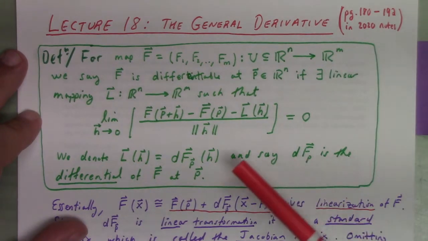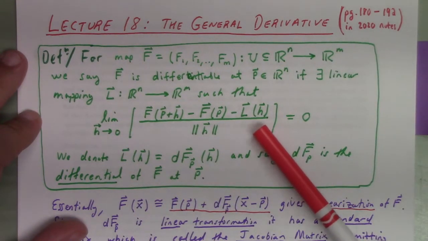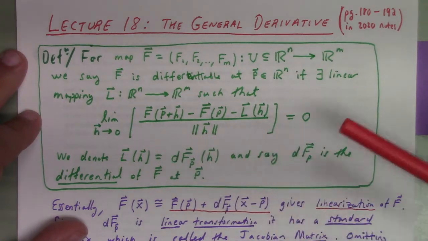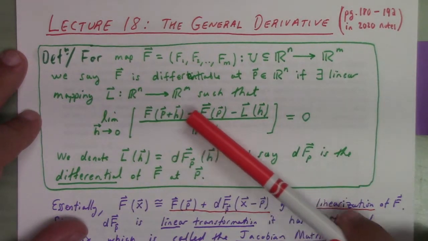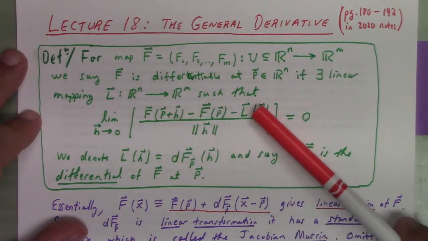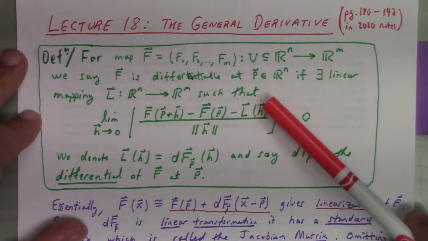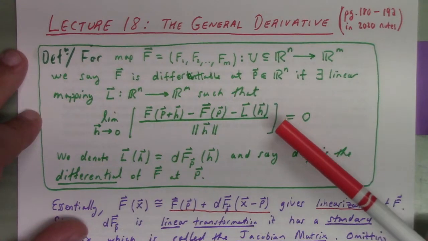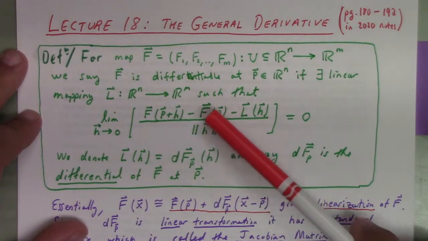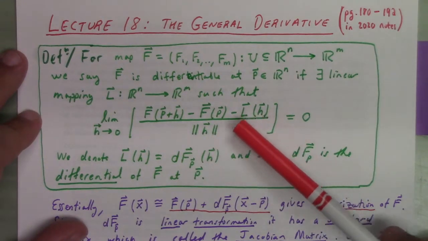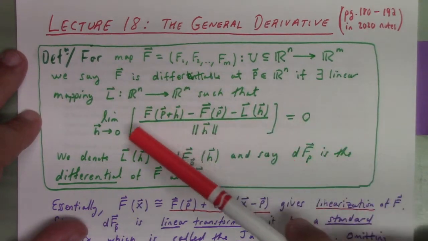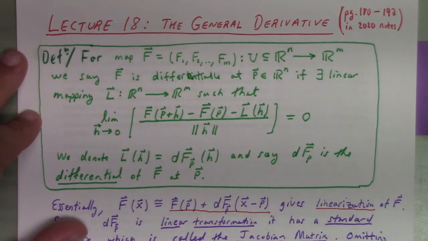And essentially you can capture it by the limiting process as given here, and the insistence that there's some linear object that, when you subtract it from the change in the function, reproduces all of the change in the function up to some small error term. This Fréchet quotient limit expresses that idea.